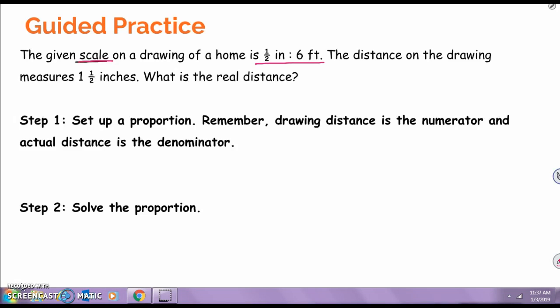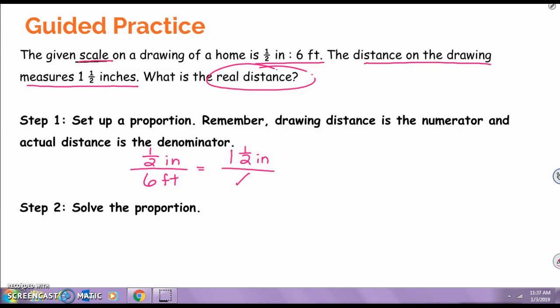So that's going to be the first ratio within our proportion. We see the distance on the drawing measures 1.5 inches. So our drawing distance will go as our numerator for our second ratio. The real distance, or actual distance, is what we're looking for.